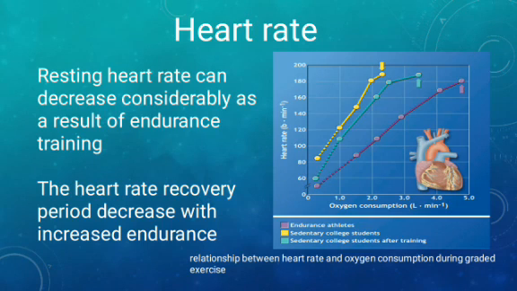The lines relating heart rate and oxygen consumption remain essentially linear for both groups throughout the major portion of the exercise range, whereas the untrained student's heart rate accelerates rapidly as exercise intensity and oxygen consumption increase.